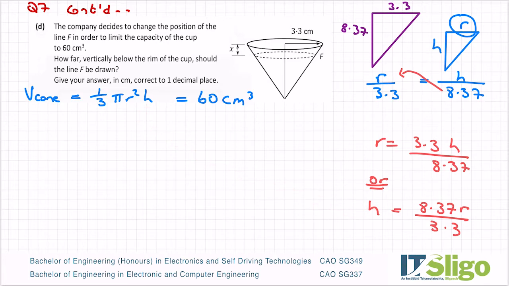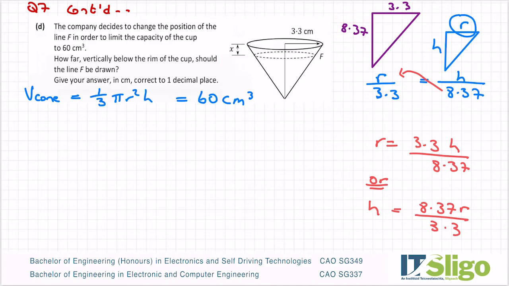Okay, so the question is, do you care more about finding h in this question, or do you care more about finding r? I would argue I would like to know what h is for this particular question, because once I have the height of this, I can subtract it from 8.37 and then I'll get this height x.